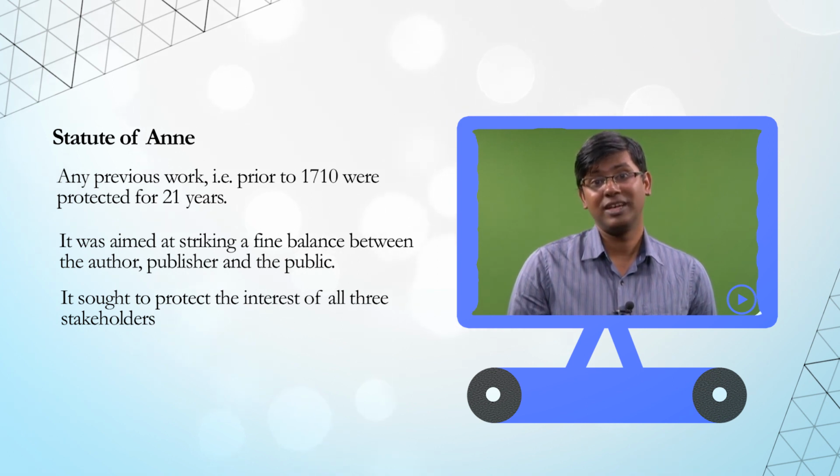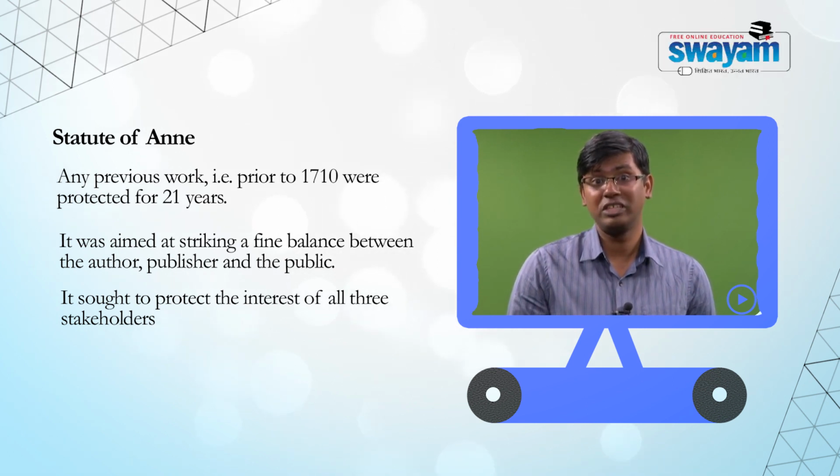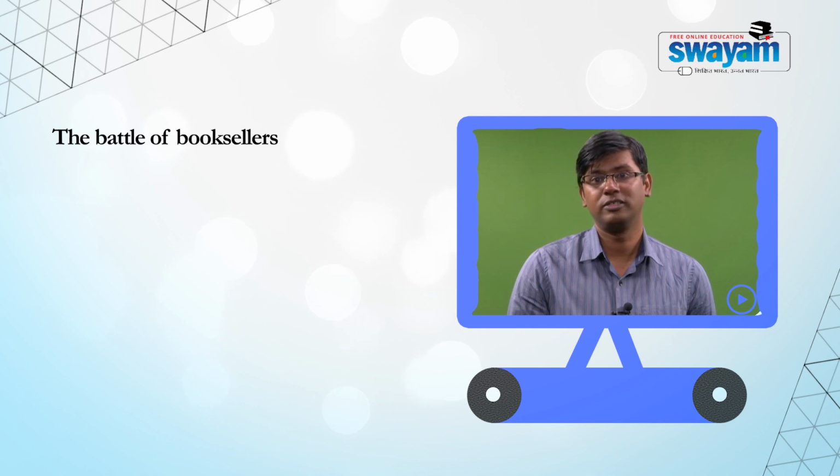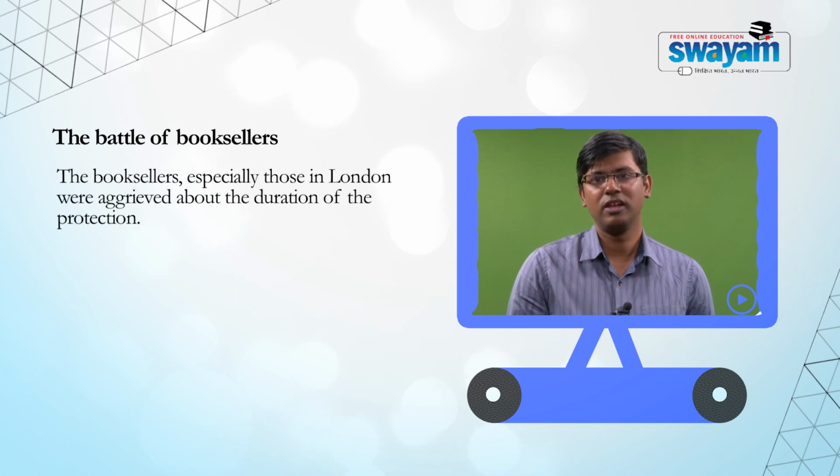But with the Statute of Anne restricting the term of protection to a period of 14 years, there was also what is called the Battle of the Booksellers. The Battle of the Booksellers is a fairly important development that happened at a very early stage of the Statute of Anne. Largely, the booksellers, who were based in London, were completely aggrieved about the duration of the protection.